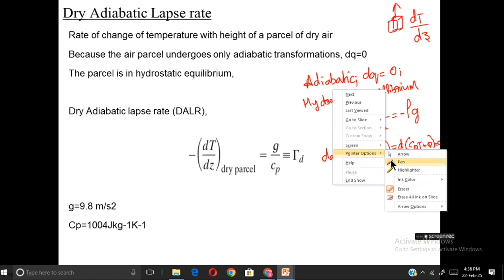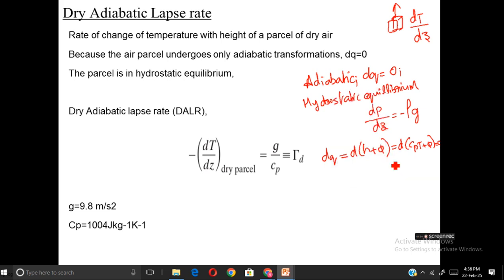So in case of an adiabatic process, we know dq is equal to 0, which means d of h plus phi is equal to d of cpT plus phi is equal to 0. From d of cpT plus phi is equal to 0, we can write cp dT plus d phi is equal to 0, or cp dT is equal to minus d phi. Now basically we want to calculate what is dT by dz, right? So just divide the whole equation by dz.